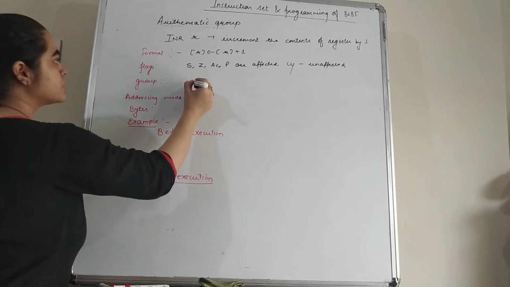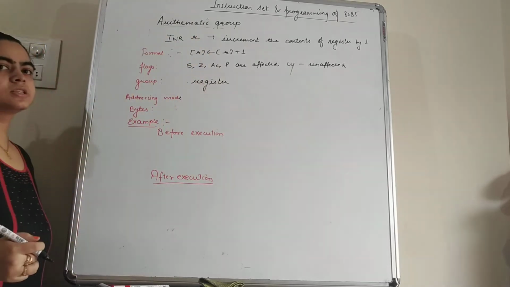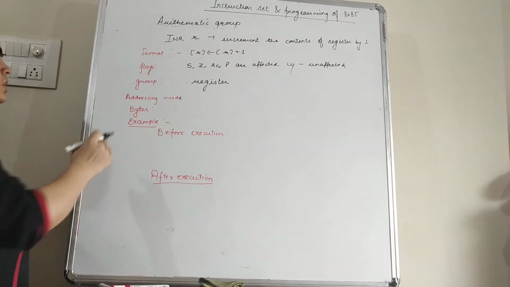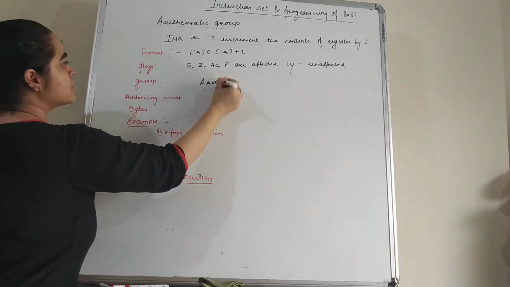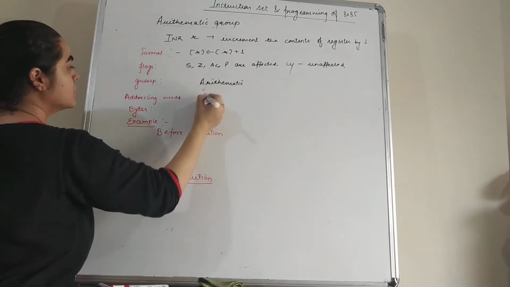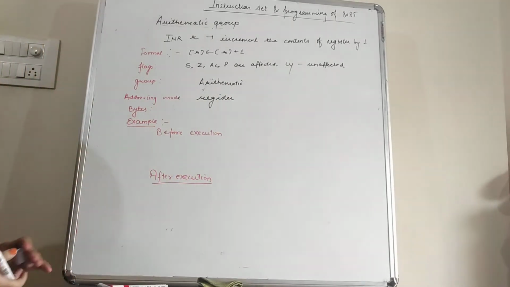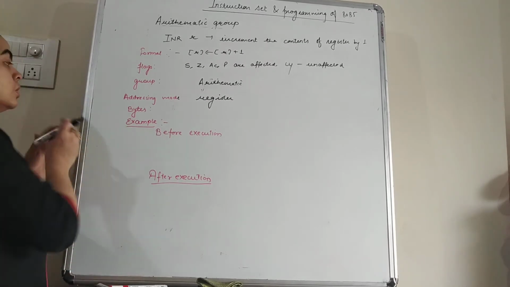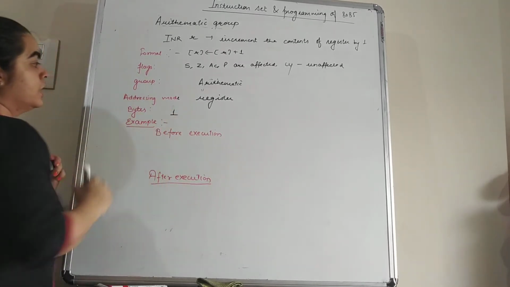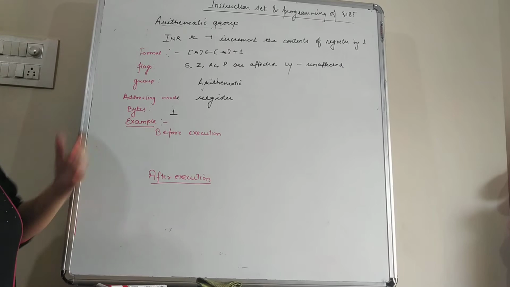The group of this instruction is the arithmetic group, and the addressing mode is register addressing mode, because the register name is specified in the instruction. Next is bytes. It will occupy 1 byte of memory, because no data and no memory location is specified in the instruction.